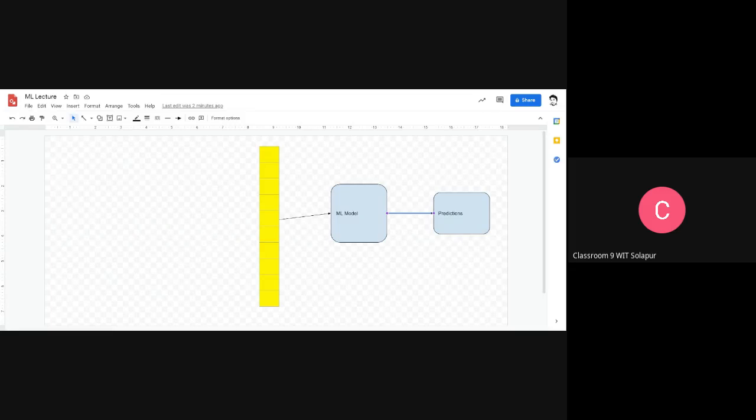If I give you this option to split this data set, a part for training and a part for testing, what would you prefer from the given options 1, 2, and 3? Okay, some are saying 1 and some are saying 2.